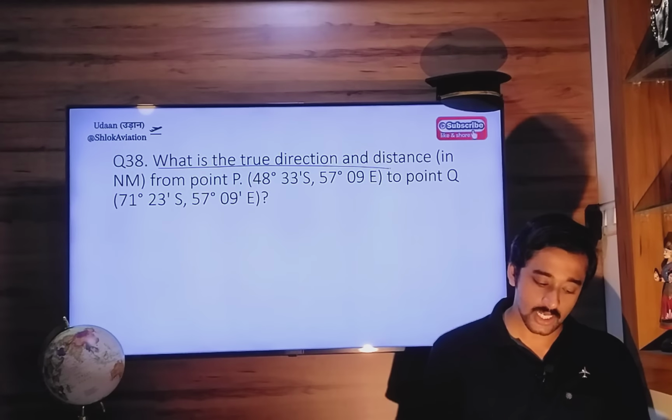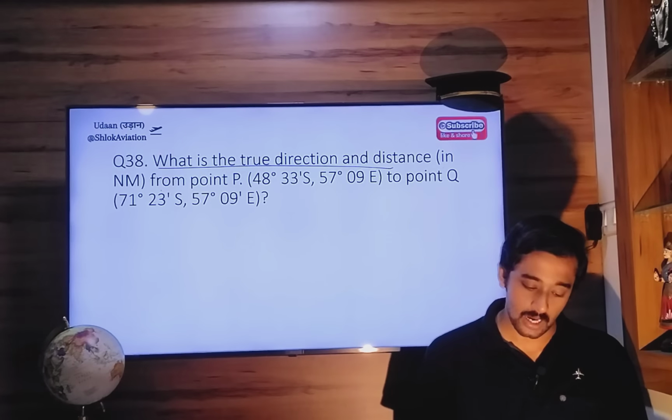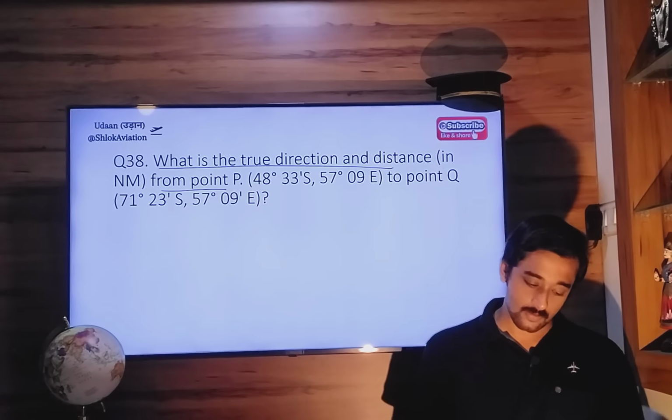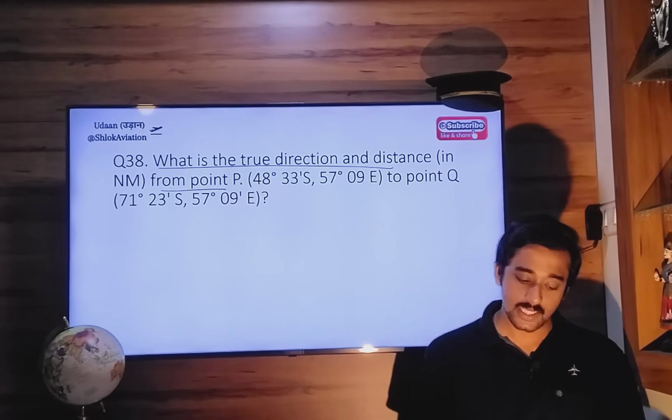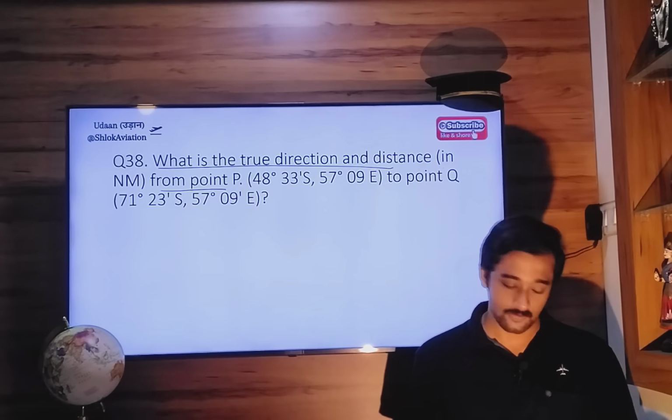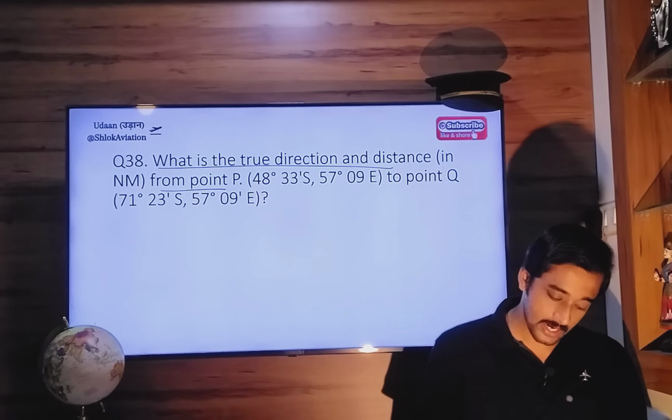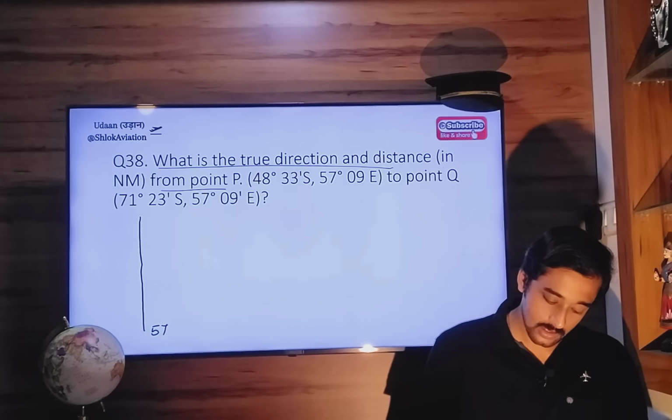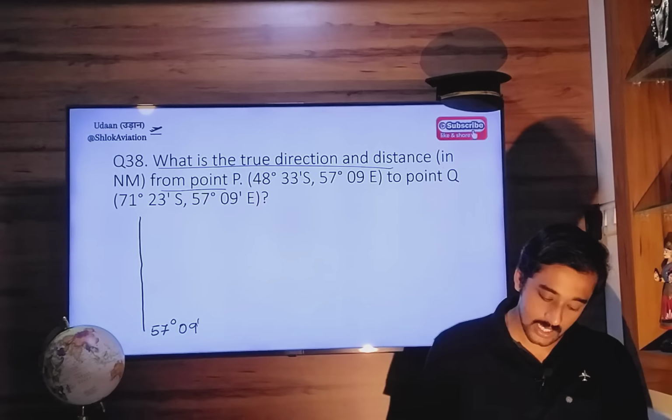What is the true direction and distance from point Papa to point Quebec? So both are located at the same longitude. So let's draw that. The longitude is 57 degrees 09 minutes east.